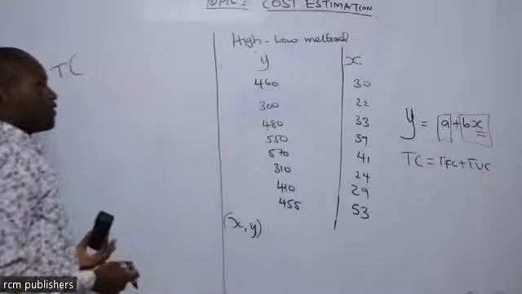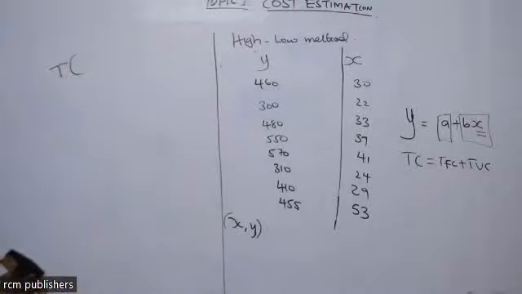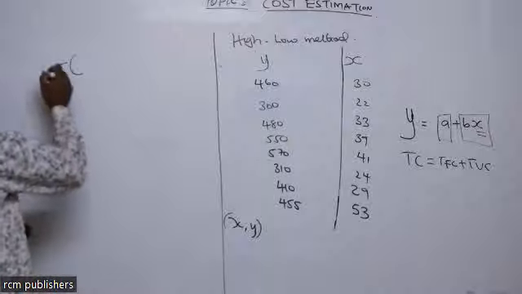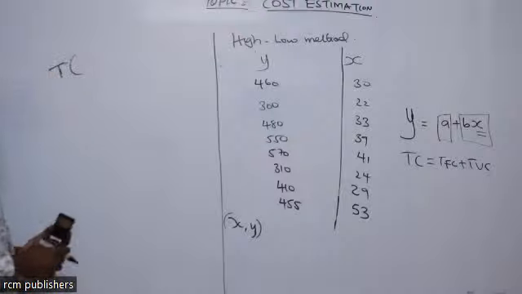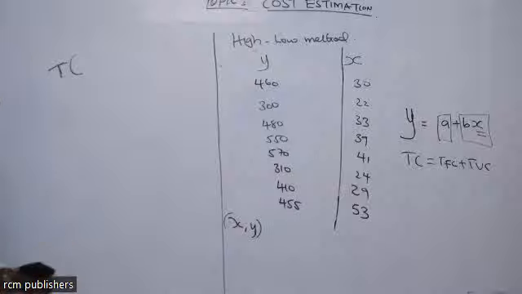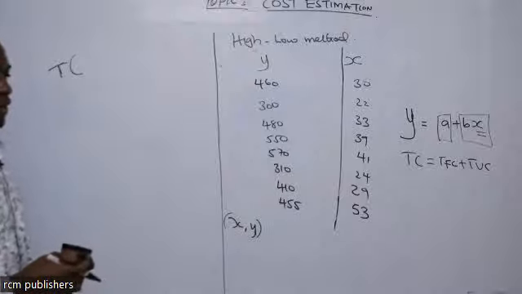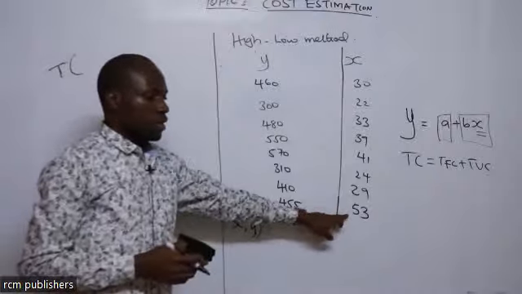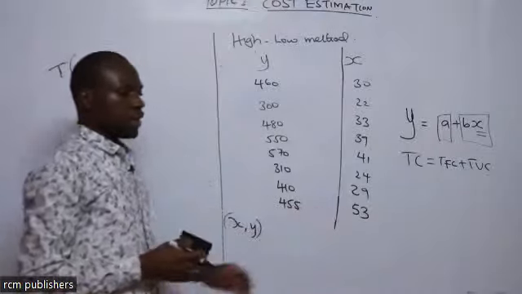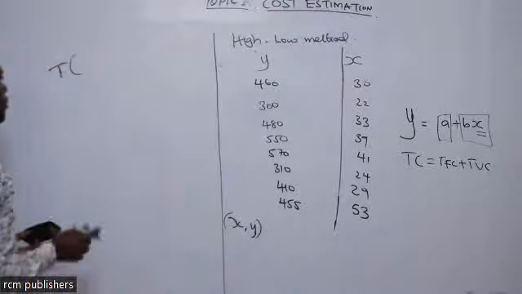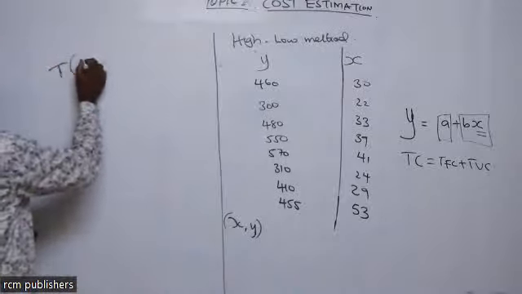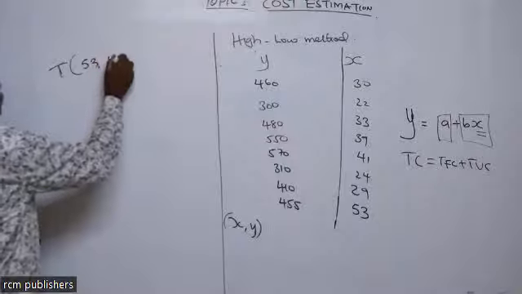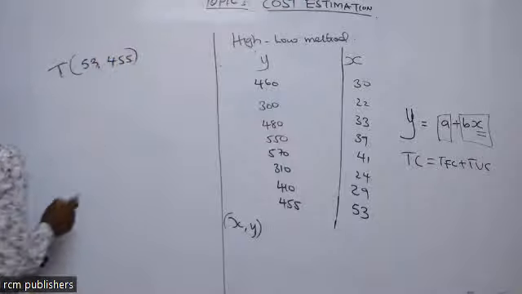Can someone give us the combination of the highest value? Let's call it coordinate T. What will that coordinate be? 53. So we have 53, 455 as the combination of the highest value. Okay.